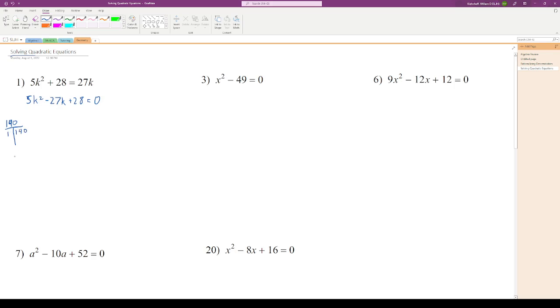By subtraction, those make 139. I have 2 and 70. By subtraction, those make 68. So I'm getting closer, right? The closer these numbers get, the smaller that number gets. 3 doesn't divide into that, 4 does divide into that, so that's 4 times 35.